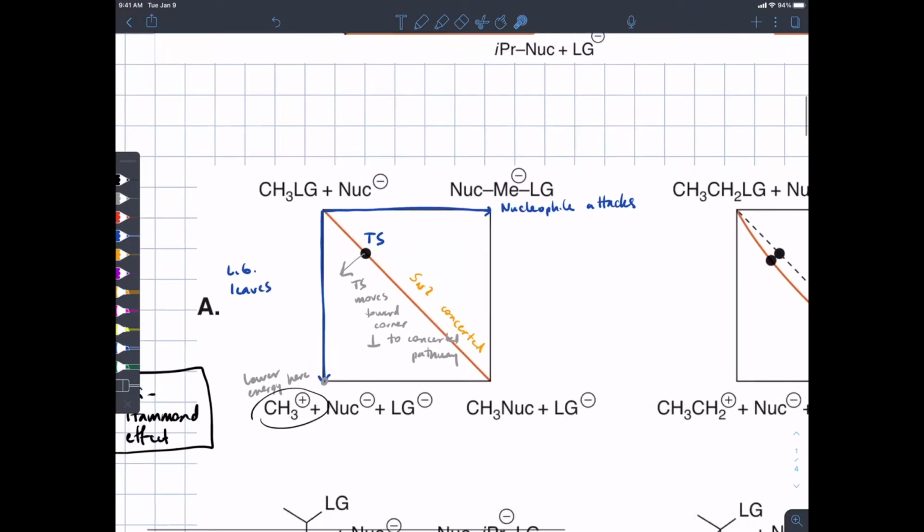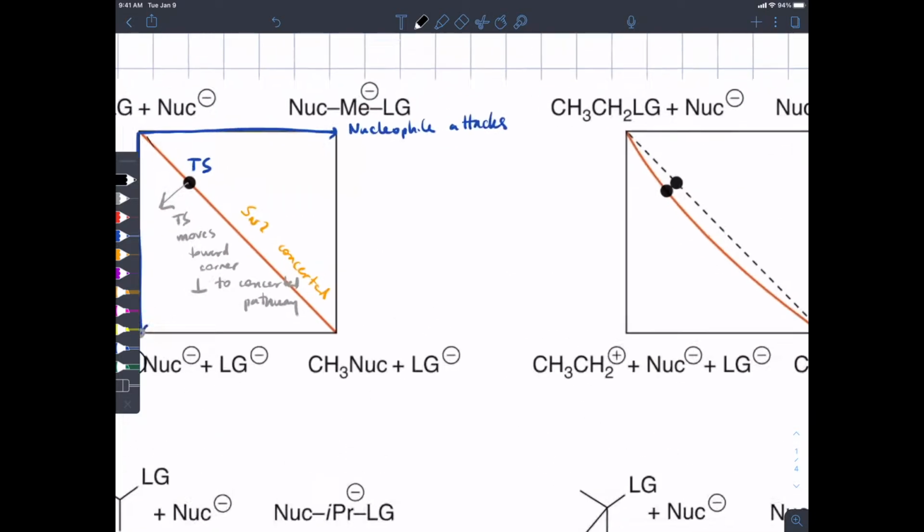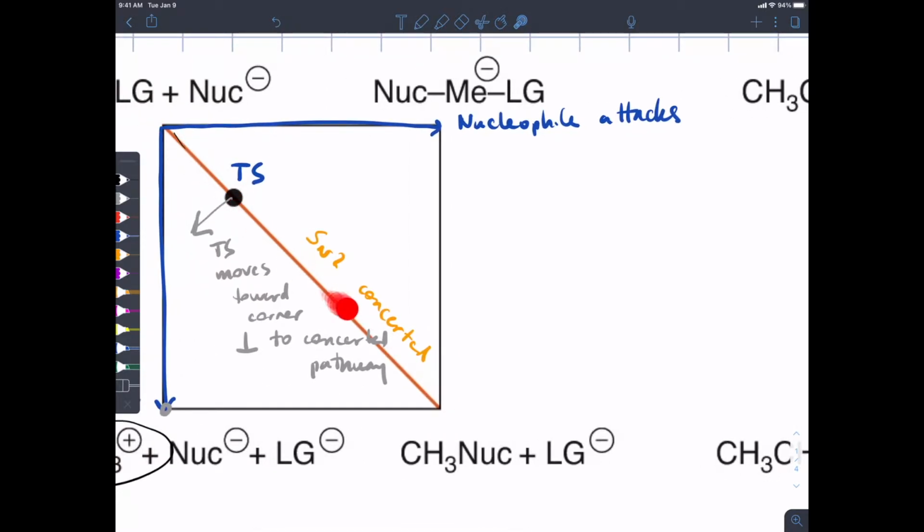And so if we were to consider along this orange pathway and just take a slice of the potential energy surface and just look at the energy diagram along this pathway, here's the SN2 reaction, and let's say this is the SN2 reaction with a weaker nucleophile, and then here's the transition state and here's the product.